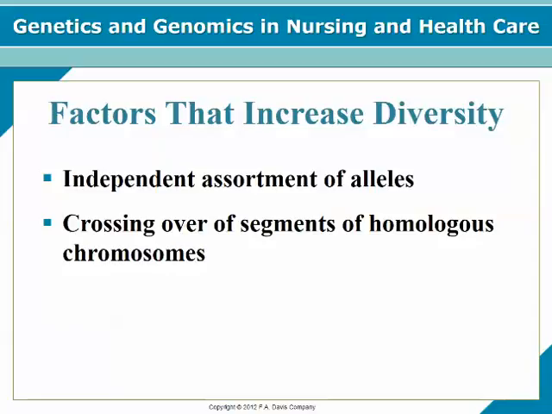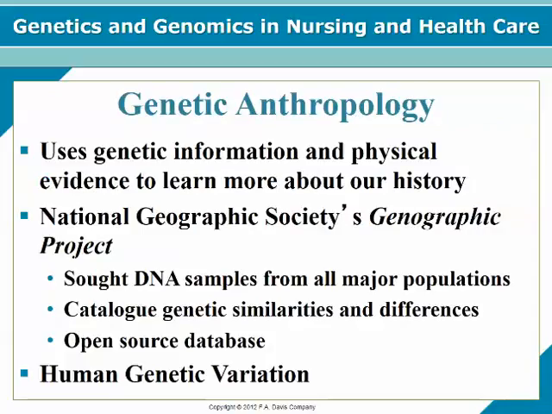Genetic anthropology uses genetic information and physical evidence to learn more about our history. National Geographic Society's Genographic Project looked at DNA samples from all major populations and cataloged all those genetic similarities as well as the differences, and they have an open source database.